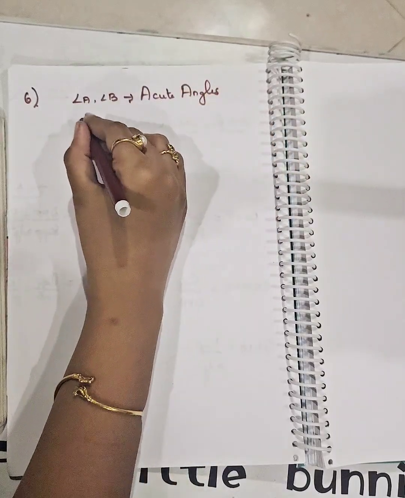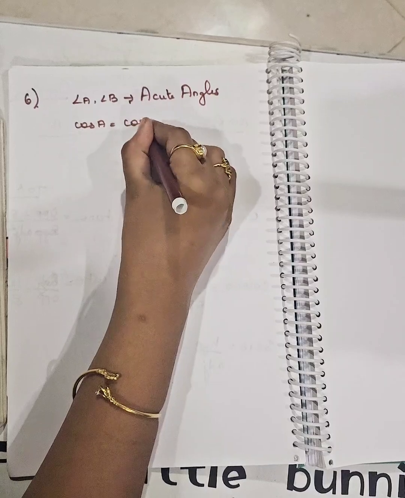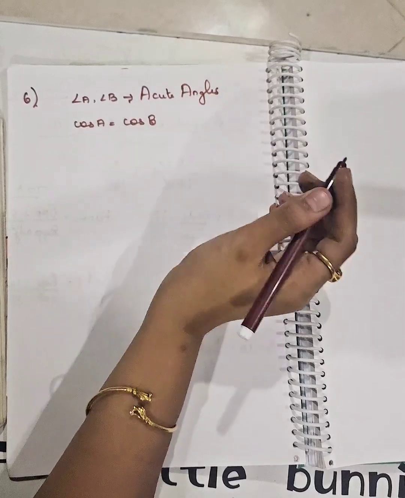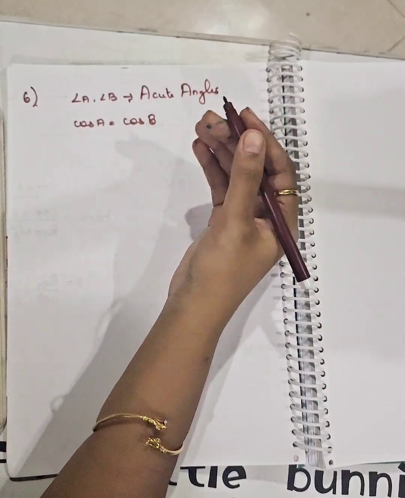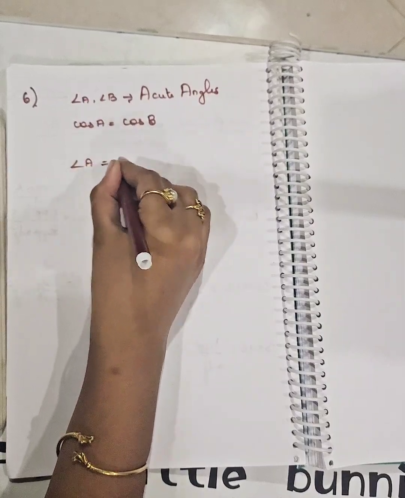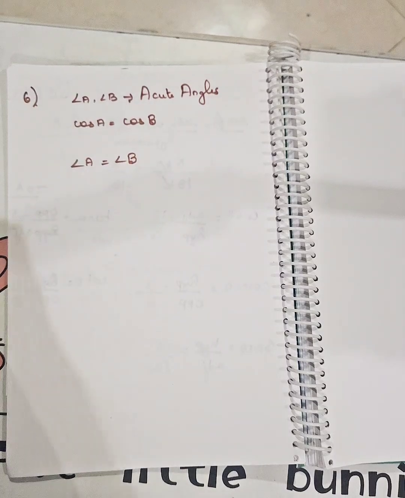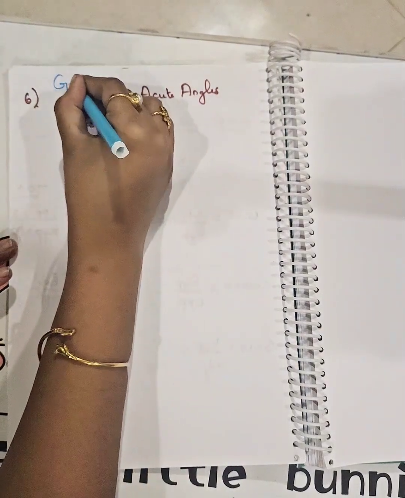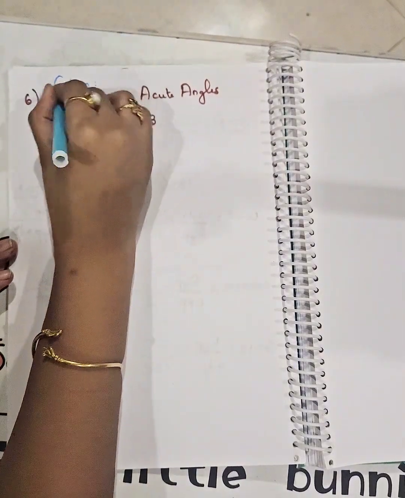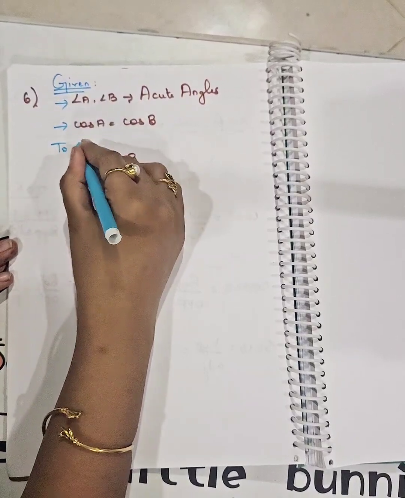So the next one given is cos A, which is equal to cos B. So this is given. So what are they asking us to find? Show that angle A is equal to angle B. This is to prove.